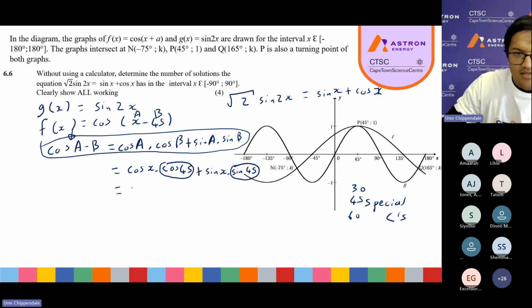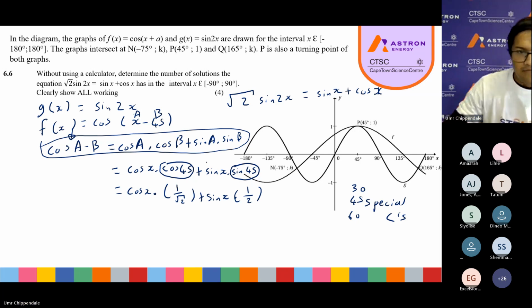Cos of x multiplied by our special angle, which is going to be 1 over square root 2, plus our sine of x multiplied by also 1 over square root 2. I was thinking of the other one, but that's right. So here we have it like this.